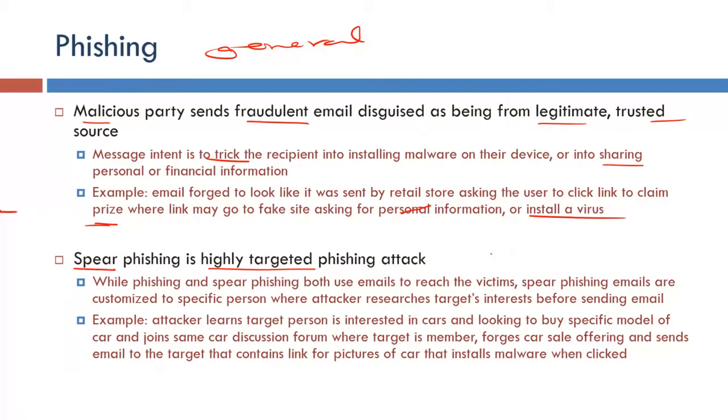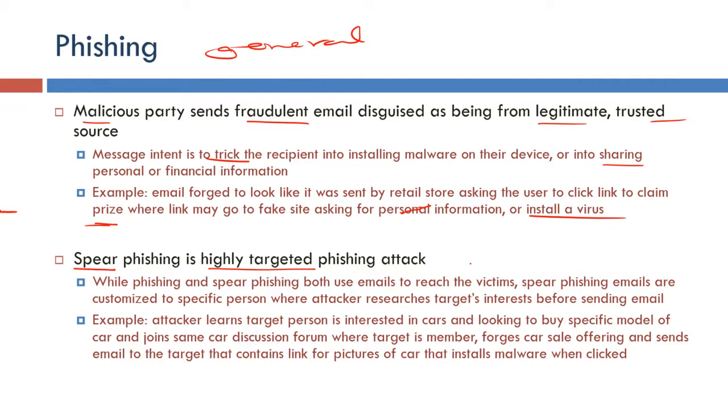The hacker might send him an email saying that there is a car that looks like whatever he is looking for, and this car is available in this particular location, and an image of this car is here. It asks the user to click it if he wants to enlarge it.